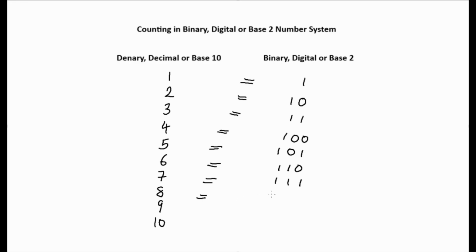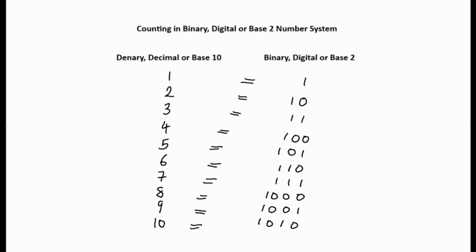And 8 is going to be equal to 1, 0, 0, 0. And then 9 is going to be equal to 1, 0, 0, 1. And then 10 is going to be equal to 1, 0, 1, 0.